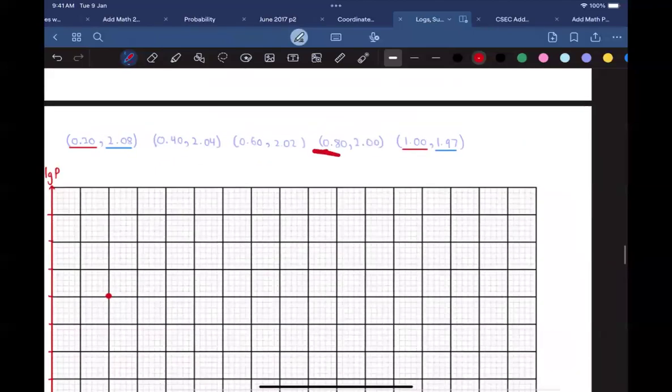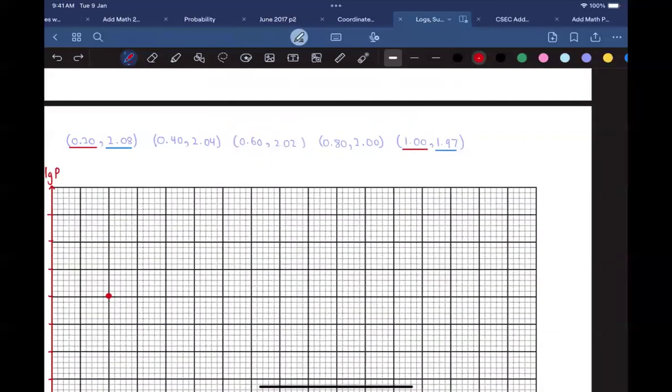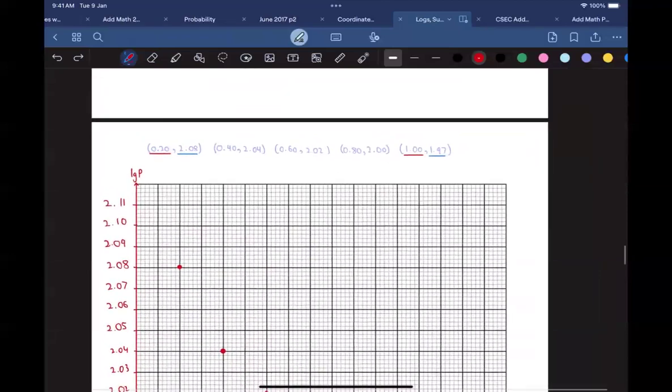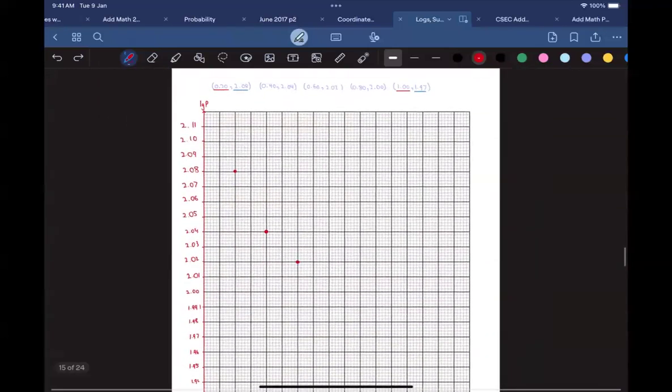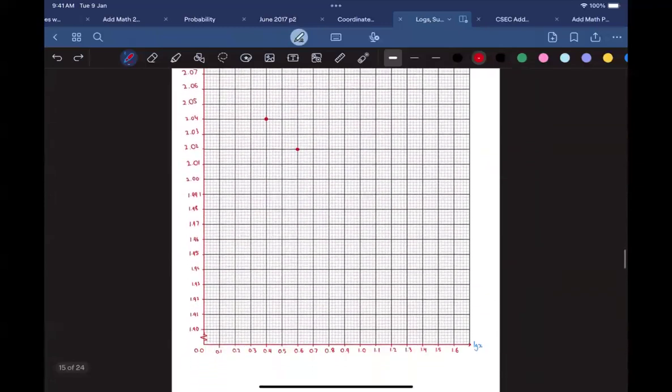Wait, no, yeah, this is 0.80, 2.00. So this is one point, and these are another point. A point has an x and a y value. The y value could be 2.00 and the x value could be 0.80.